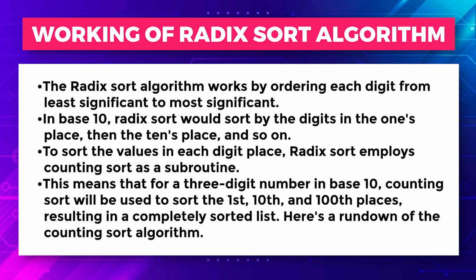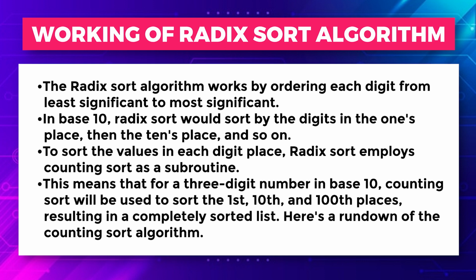To sort the values in each digit place, Radix sort employs counting sort as a subroutine. This means that for a 3-digit number in base 10, counting sort will be used to sort the ones, tens, and hundreds places, resulting in a completely sorted list.